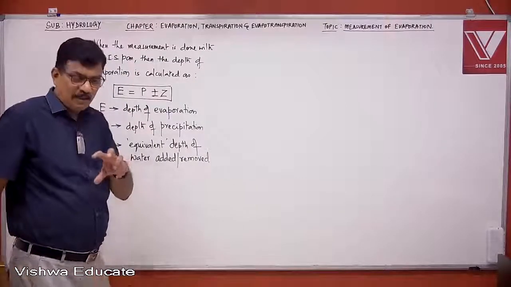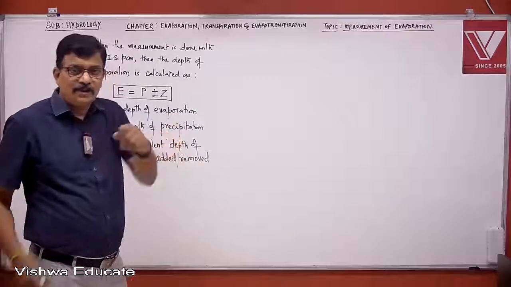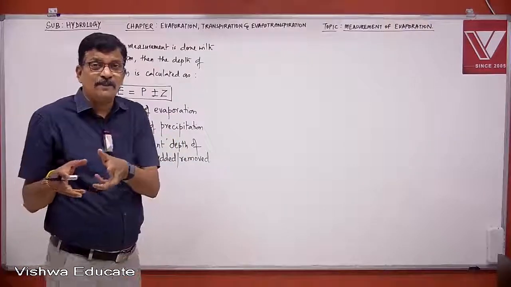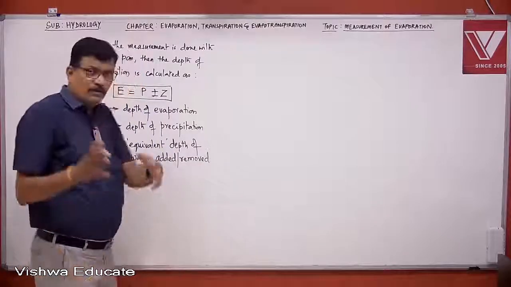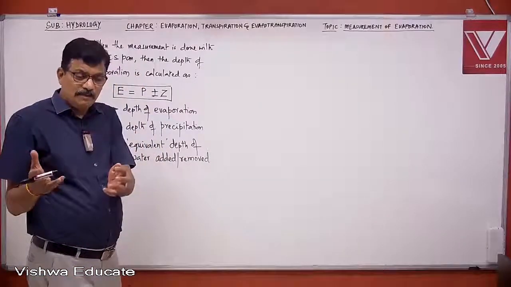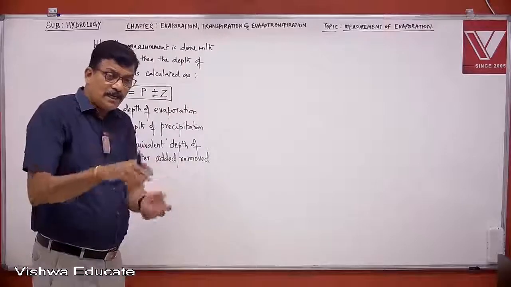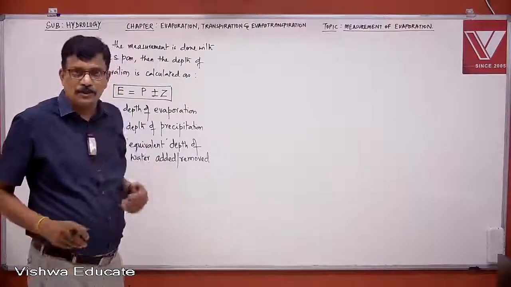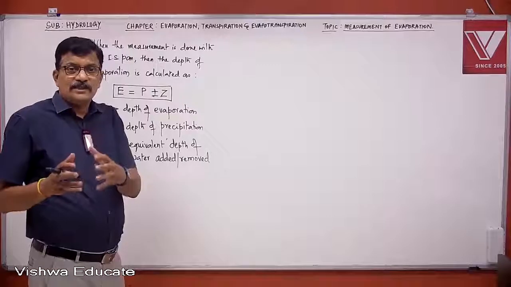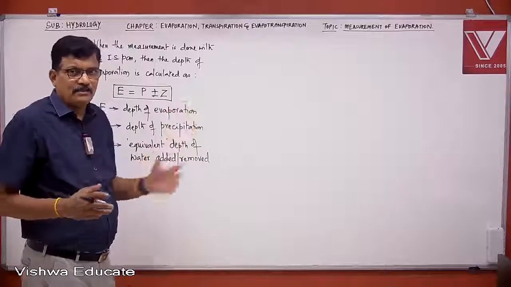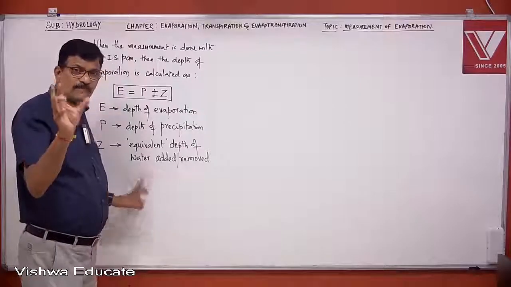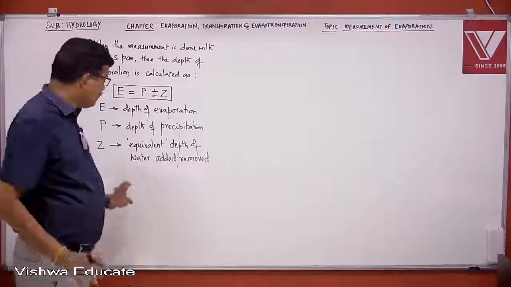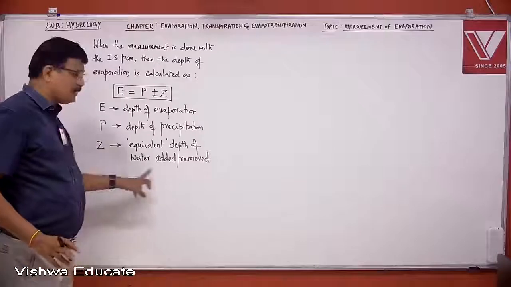Equivalent depth means that when we refill, we are actually measuring not the depth but the volume in normal circumstances. That volume of water used for refill, sometimes you have to add and sometimes you may need to remove also. I'll explain that through the numericals again. That volume divided by the surface area will give us the depth of water that is added or removed.